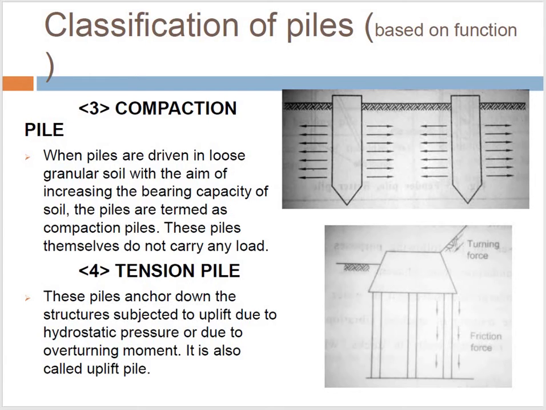Next is the tension pile. I have already explained the cases where we use tension piles: where there is hydrostatic pressure, or for tall slender structures like transmission towers, where there is a chance of overturning of the structure. In order to resist the overturning, we provide the tension pile, also called the uplift pile.